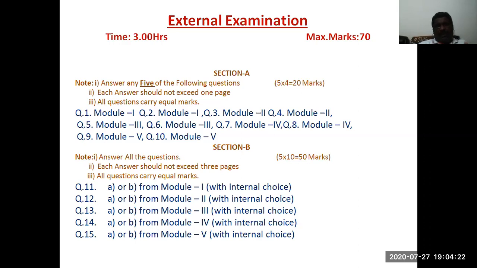Including the internal examination, the student has to get 40 marks out of 100 compulsorily.